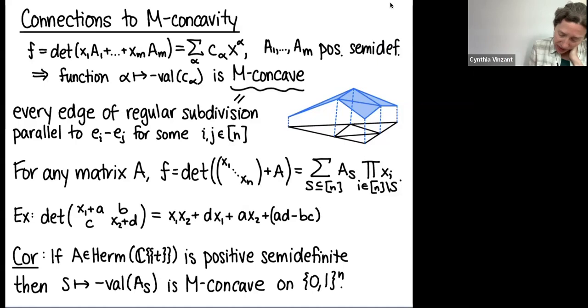And so what that means is that if we start with a matrix A that is positive semi-definite, all eigenvalues are non-negative, and I look at the function that takes any subset of 1 through n to the negative valuation of its corresponding principal minor, then the function that I get is M-concave on the vertices of the 0,1 cube. And that will follow directly from this broader theorem about determinantal polynomials.